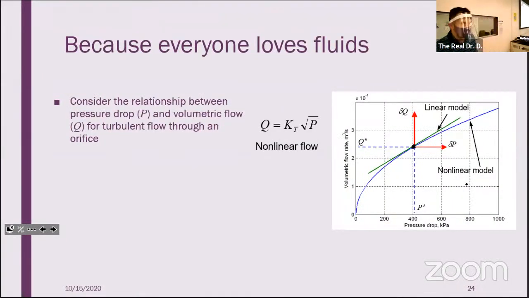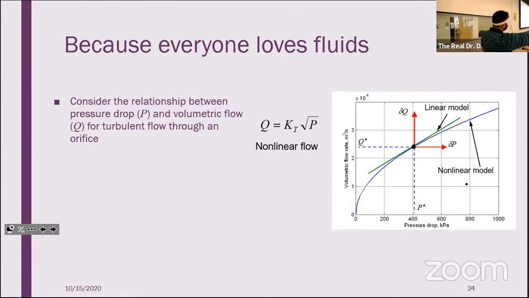Hey, check this out. Everybody loves fluids, right? So let's do a fluids problem. Consider the relationship between pressure drop and volumetric flow. For turbulent flow through an orifice, we're given the equation Q is equal to K_T square root of P. We're also given this plot of what the pressure versus volumetric flow looks like.